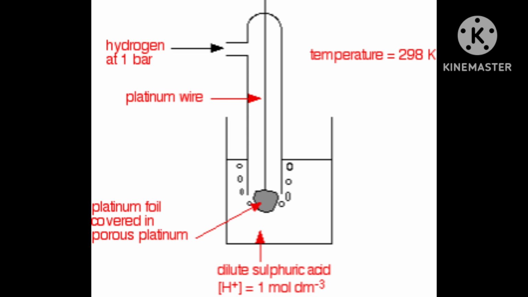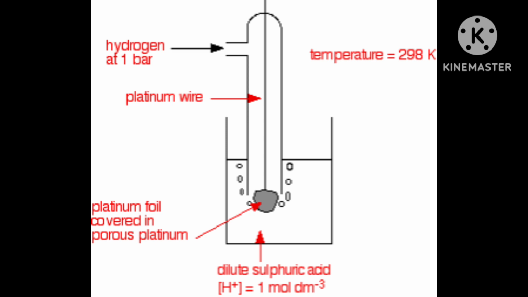Then you join it with a standard hydrogen electrode. Means you have made a cell in which one is the standard hydrogen electrode, the other is Zn. You have dipped them in a suitable solution. Now suppose the cell is ready.